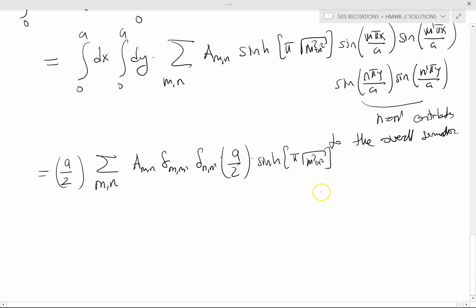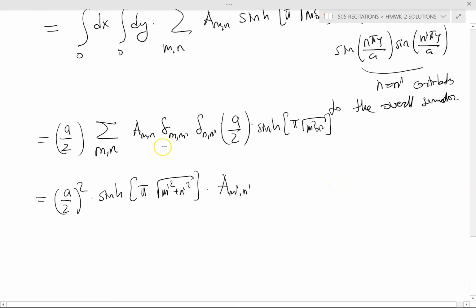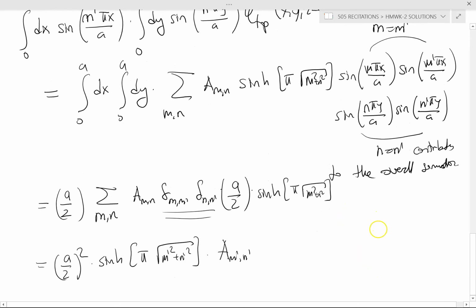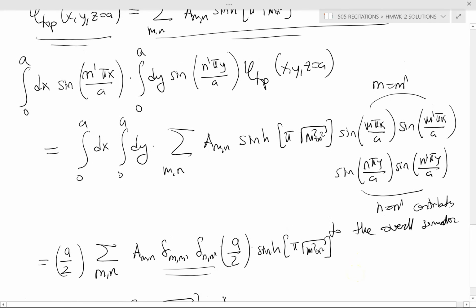You see, this whole summation can now be summarized as a over 2 squared, sinh pi root of m prime squared plus n prime squared, a m prime n prime. There is no summation anymore because these two canceled the whole summations over m and n and give us only a single term, which was the whole purpose. What is it equal to? It is equal to this summation, right?